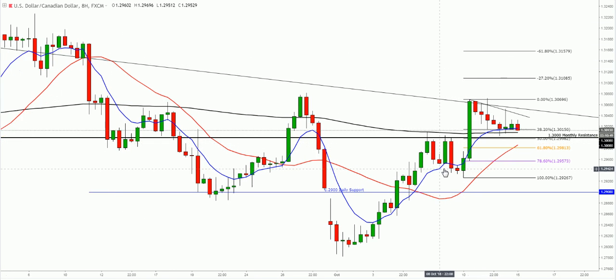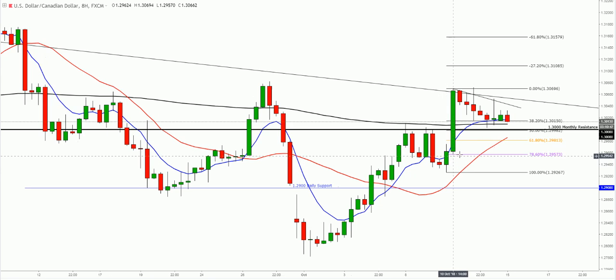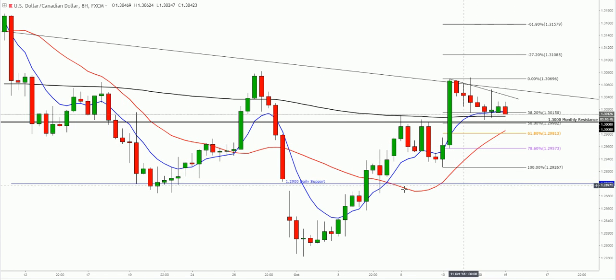Now on the 8-hour time frame, you can see that we had this bullish run, two candlesticks there, form this fib, and now we are seeing this retracement, price gradually coming back. Bearing in mind all of this is still within the range of this big bullish candlestick.